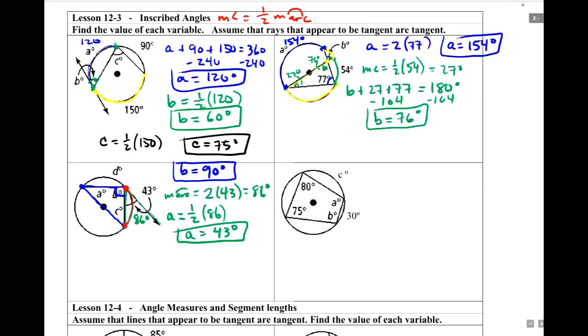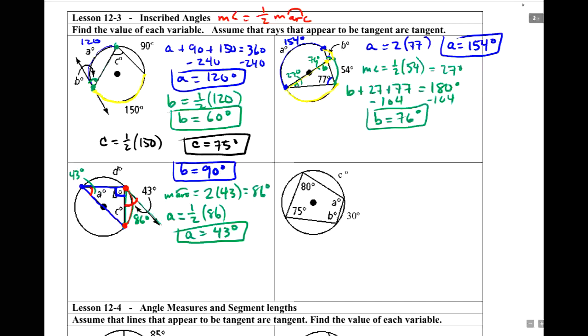Now this isn't as obvious as on some of our other problems, but notice our angle measures are congruent. So if you can see things like that, we know that this and this are going to be congruent. Either way, we still figured it out. So A here is 43 degrees.